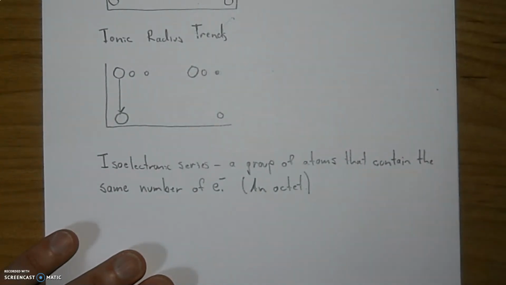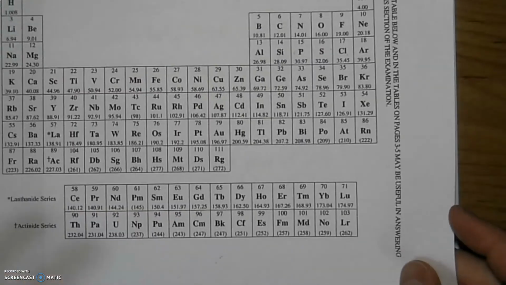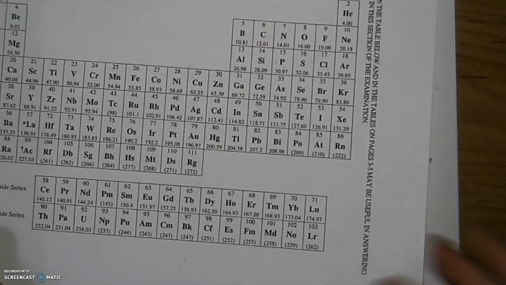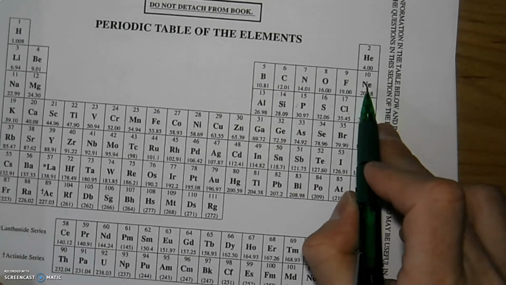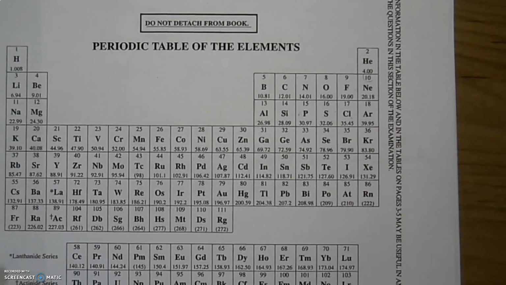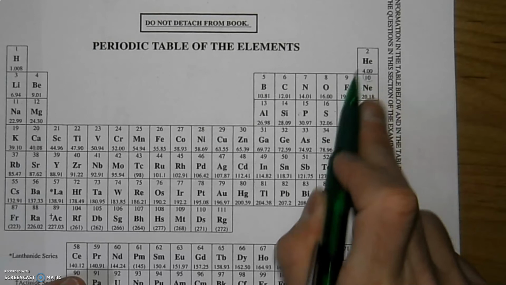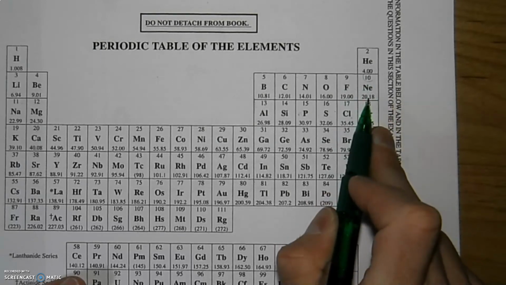A really good example to refer to here is neon. So neon with 10 electrons. You have other atoms that gain and lose electrons to get to the same isoelectronic configuration as neon.